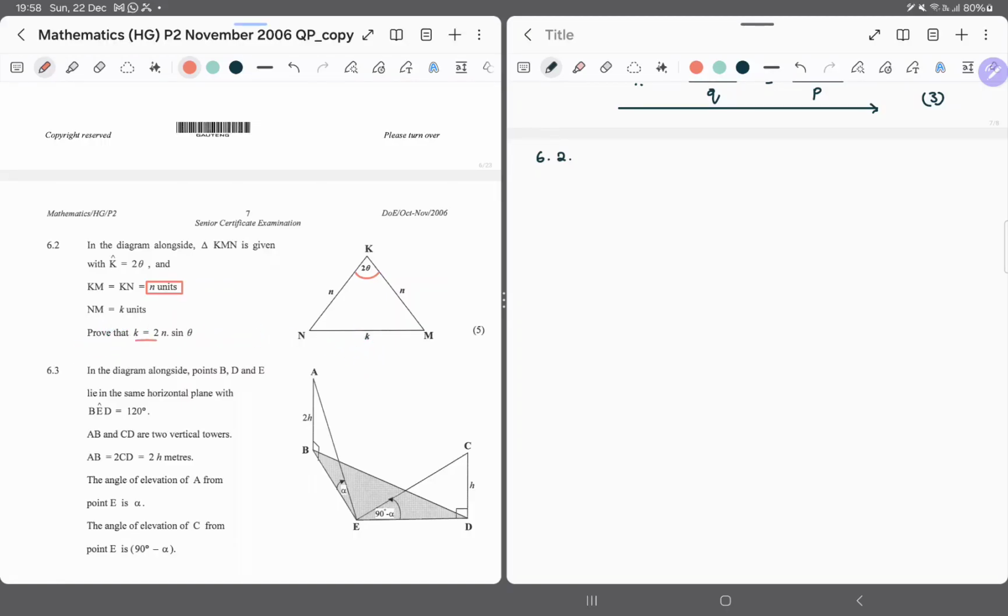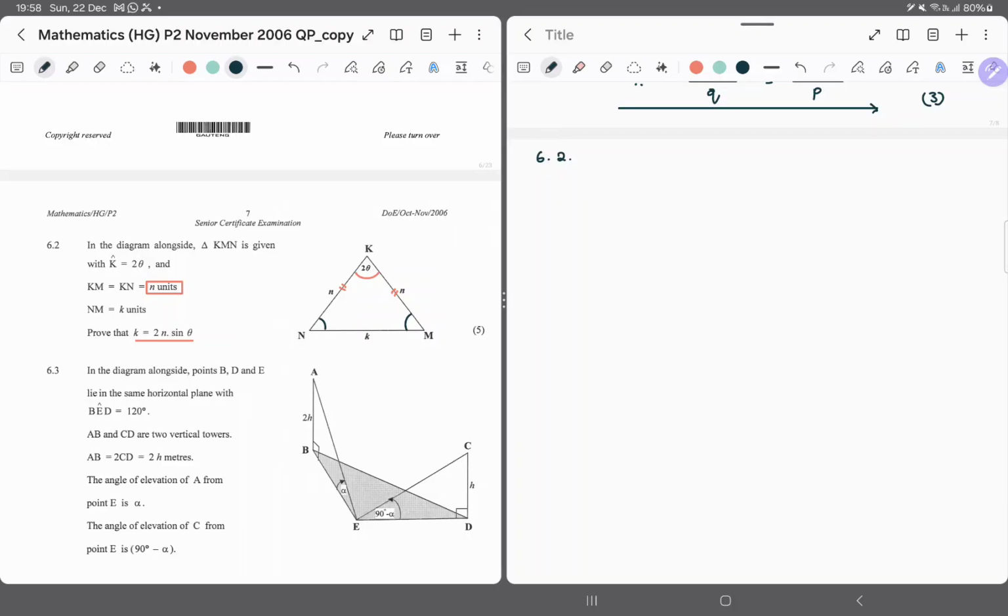Now we need to prove that k is equal to 2n sine theta. Remember, if we have a situation like this, this side is equal to that side. It means these angles are going to be equal because this is an isosceles triangle. Very important. And here, we're just going to use the rule we just proved.